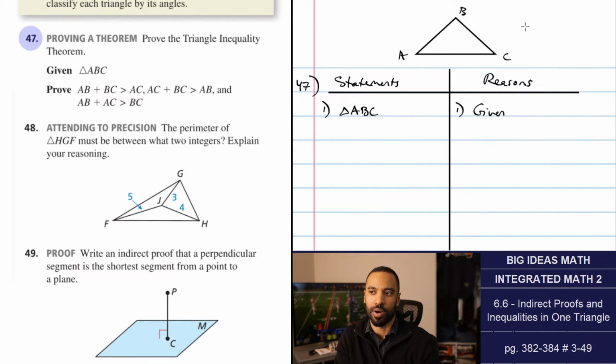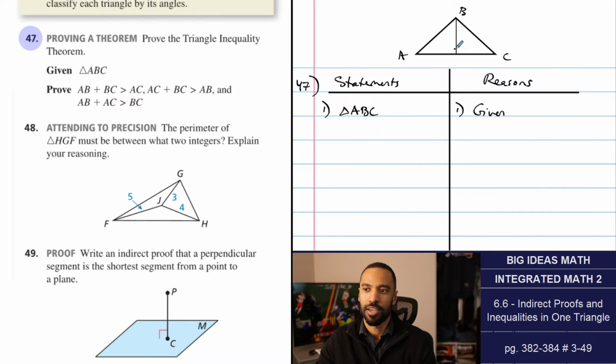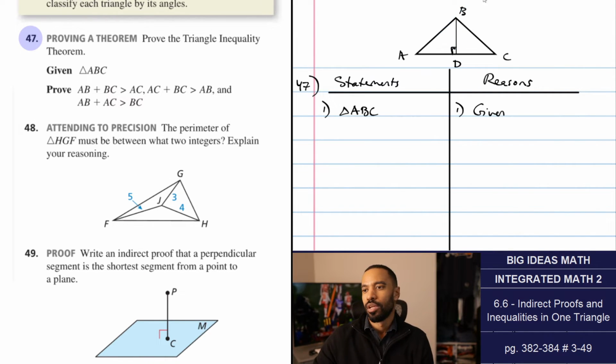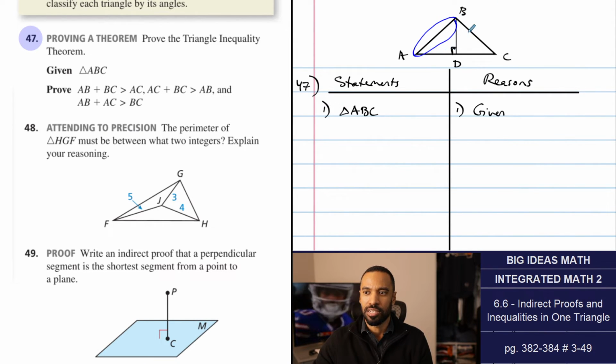I'm thinking about right triangles. I'm thinking if I drew an altitude, and this isn't necessarily a perpendicular bisector, but it would be perpendicular. But if I drew some BD, my thought to this is, AB has to be greater than AD, and BC has to be greater than DC.